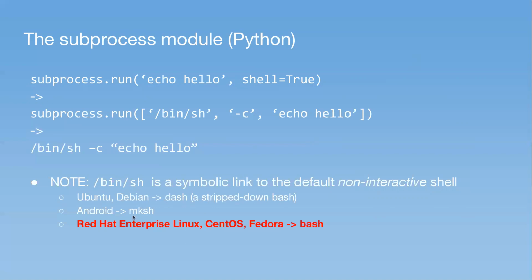On Android, the default shell is mksh, but on Red Hat Enterprise Linux, CentOS, and Fedora, the default shell is bash. So these distributions are particularly vulnerable to the Shellshock exploit. Although that doesn't mean that Ubuntu and Debian aren't vulnerable as well. If any process on there creates a bash child process for any reason whatsoever, then they are also exploitable.